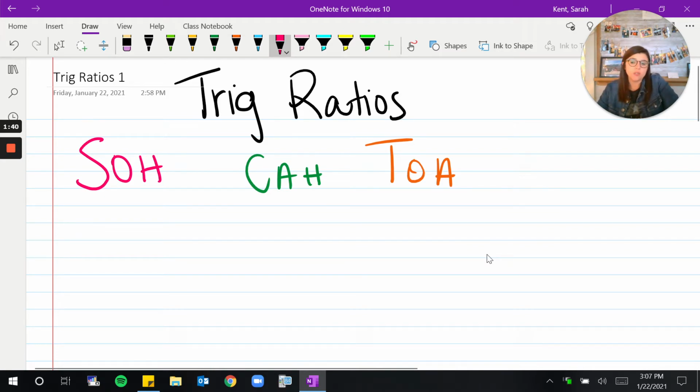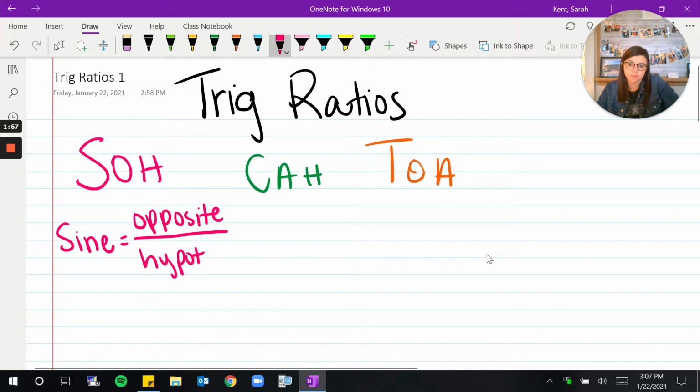So we'll use the S, so, it stands for sine, and this is going to be our opposite side over the hypotenuse. I will tell you what all of this means in a minute. All right, so sine is opposite over hypotenuse.